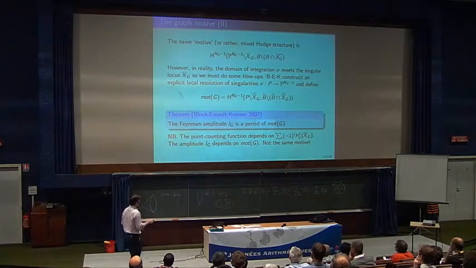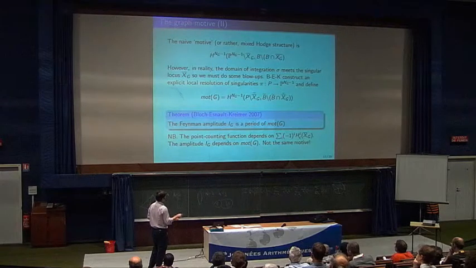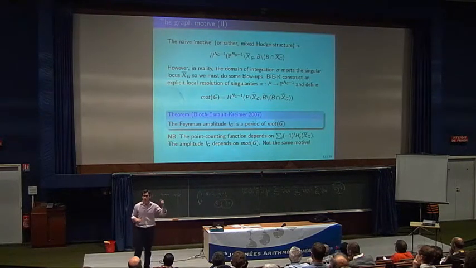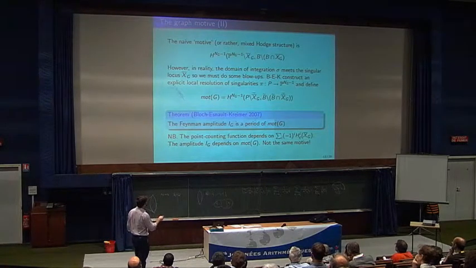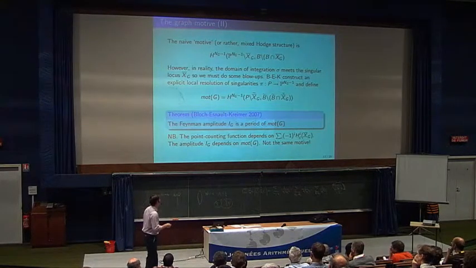On the other hand, the point counting function depends on the compactly supported cohomology, actually in our case, of the affine graph hypersurface, but it involves all the cohomology in all different degrees. So the amplitude only sees this part of something that's quite different, in fact. So the point is that the point counting function and the amplitude are actually not depending on the same motive.